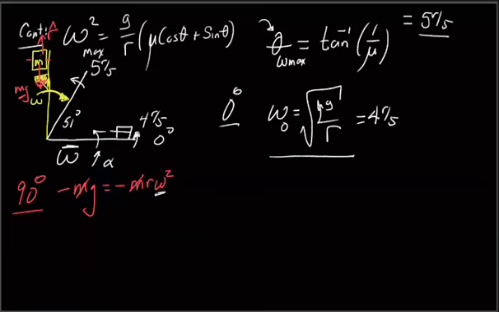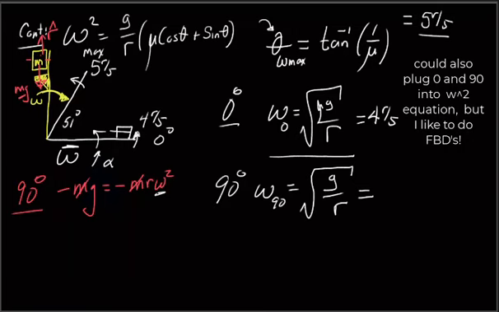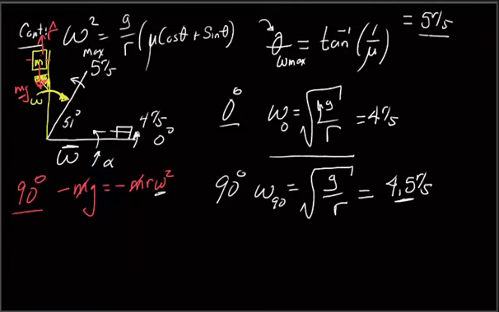So we get the omega at 90 degrees will be the square root of g on r, which given our values is 4.5 radians per second, which is again less than the peak at 51 degrees. So it appears that you're not going to be able to reach this maximum on the way up or on the way down if we're held at a constant omega.